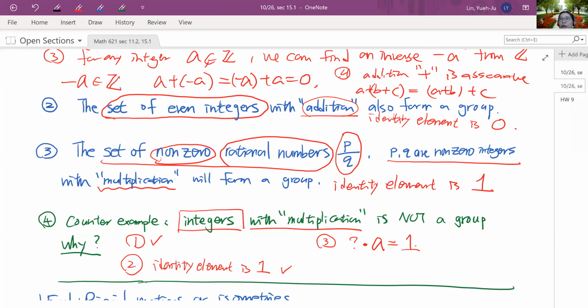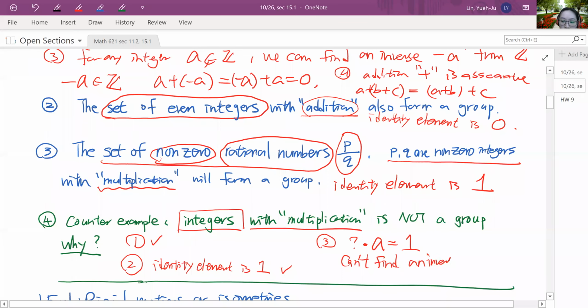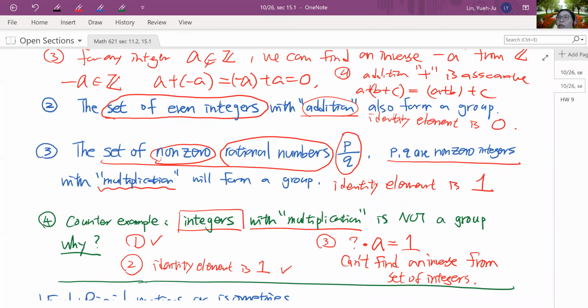So you cannot find the inverse. If you want to find the inverse, it falls out of the set of integers. That's why this would not be a group anymore. Multiplication we know is associative, so the problem is that the number 3 criterion does not hold.